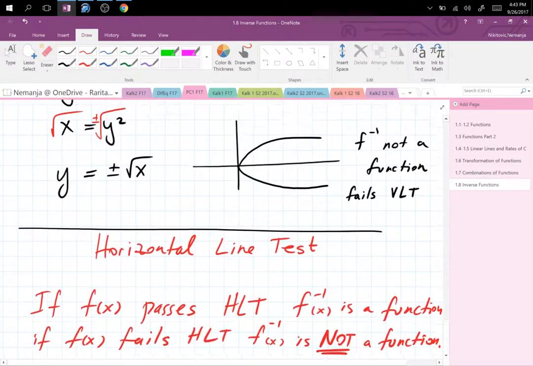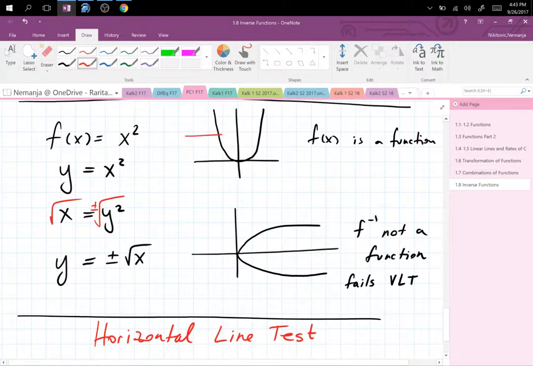Again, we have inverse. Please look. It fails horizontal line test because the horizontal line cuts twice through it, so it failed, and you can see that this one fails vertical line test, and because it fails vertical line test, clearly it's not a function.